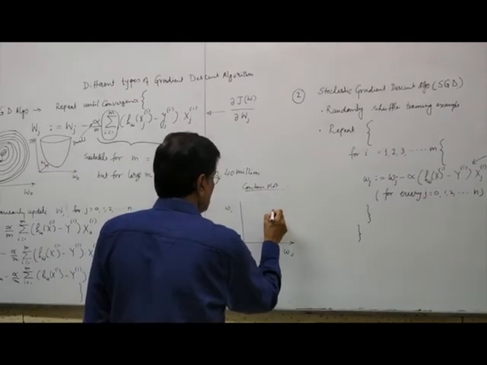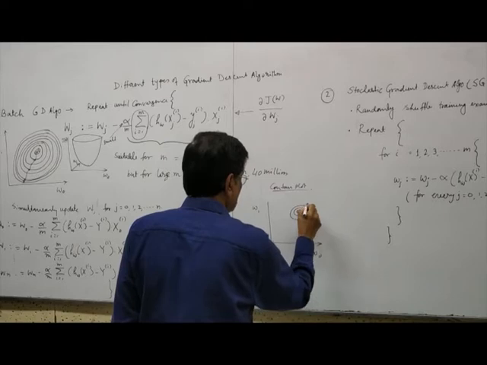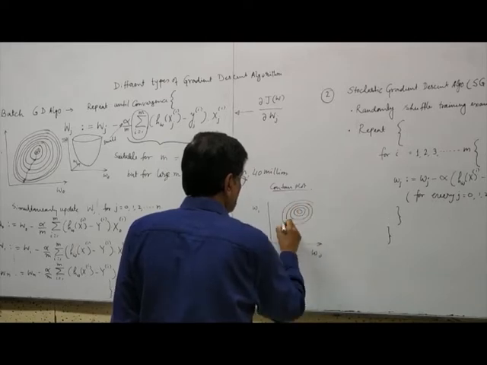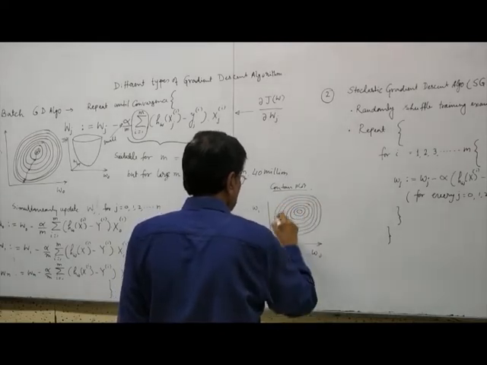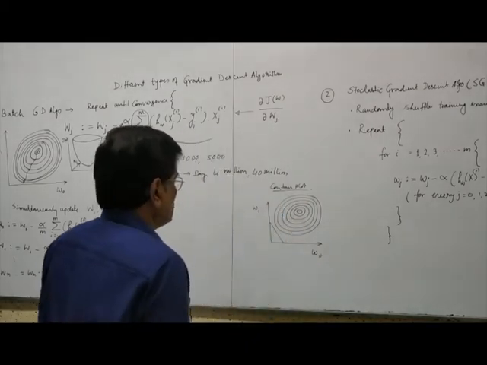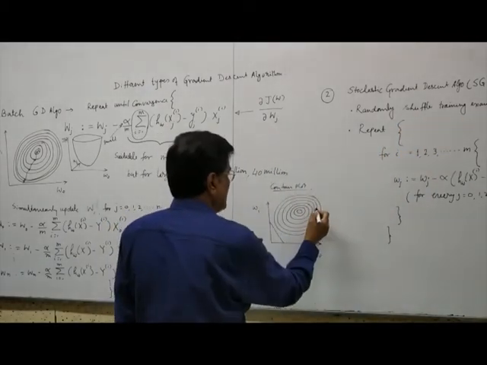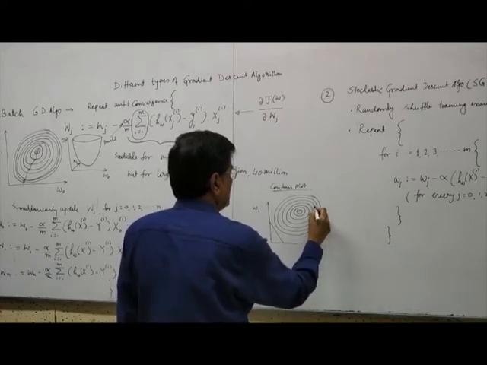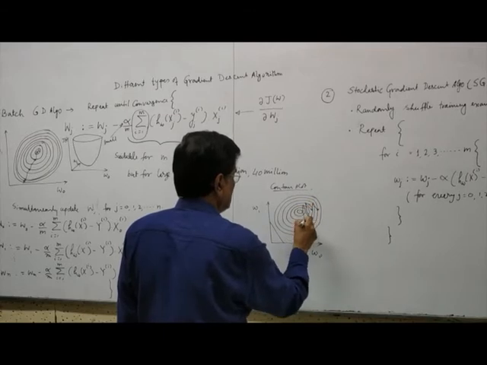If here is your goal point, those are the steps, right? So what you have done, randomly, you have sampled the training sample. So it may happen that the training sample is here, and then it will be somewhere else, then somewhere else.